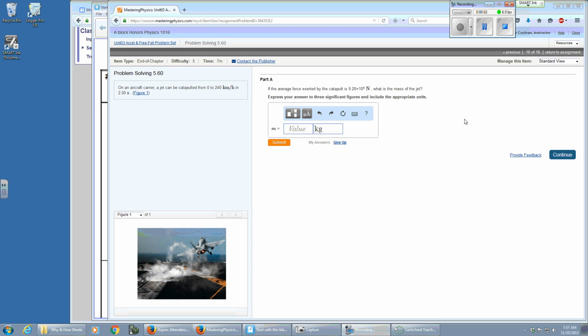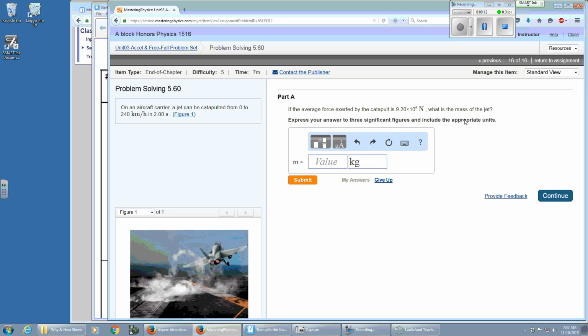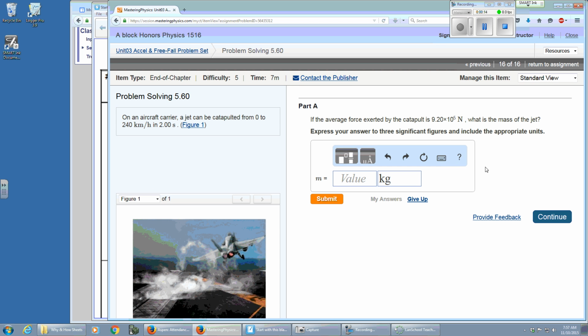All right, so in 5.6, we have a plane taking off from an aircraft carrier. And they're asking us if this is the average force, what is the mass of the jet?